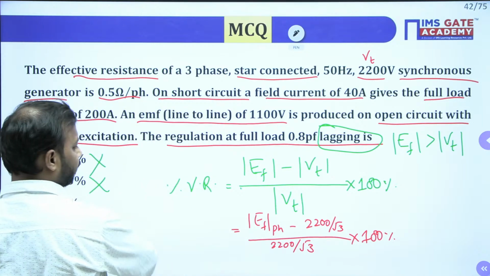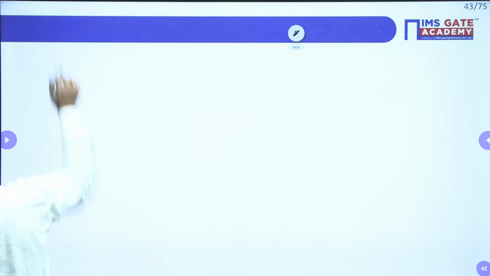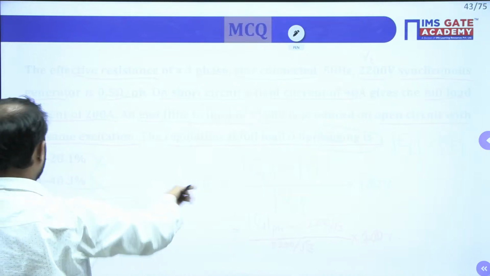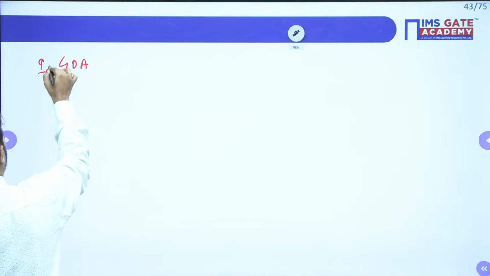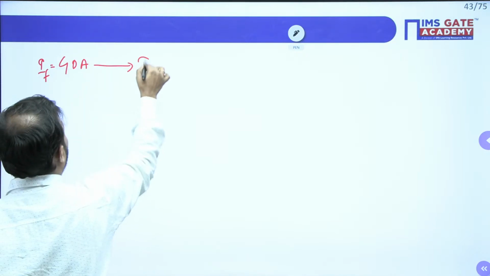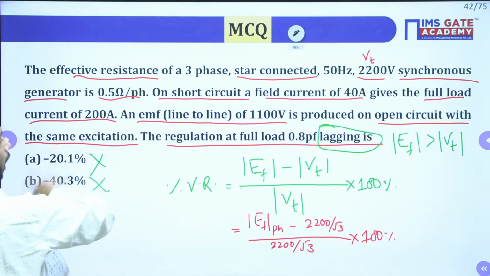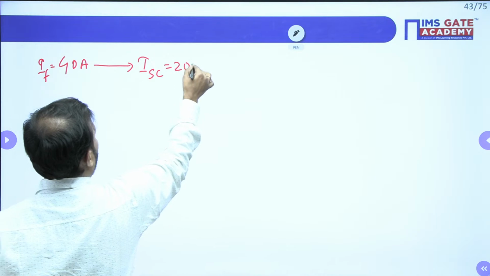So let us find the value here. Now here we have a field current IF equal to 40 ampere, and under short circuit it is giving 200 ampere. So this is ISC, which is 200 ampere.